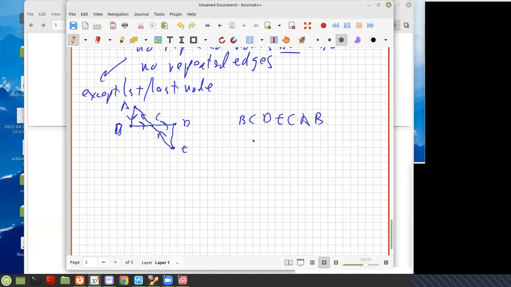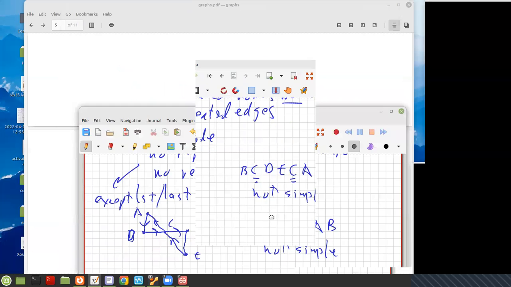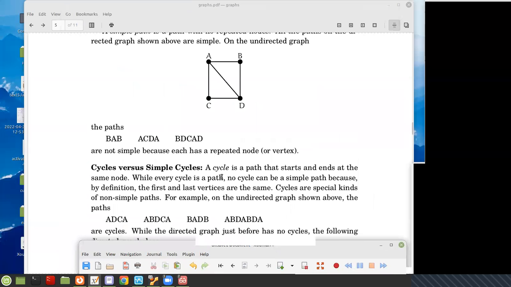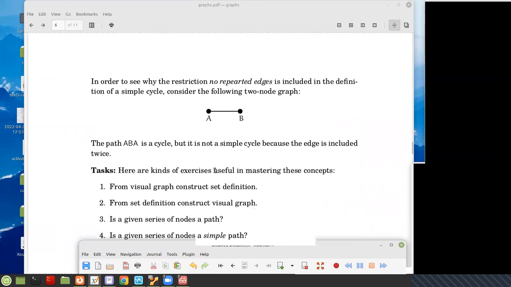So this is not simple. It doesn't repeat any edges, but it does repeat the node C. Okay, so that is the story on paths, simple paths, cycles versus simple cycles.